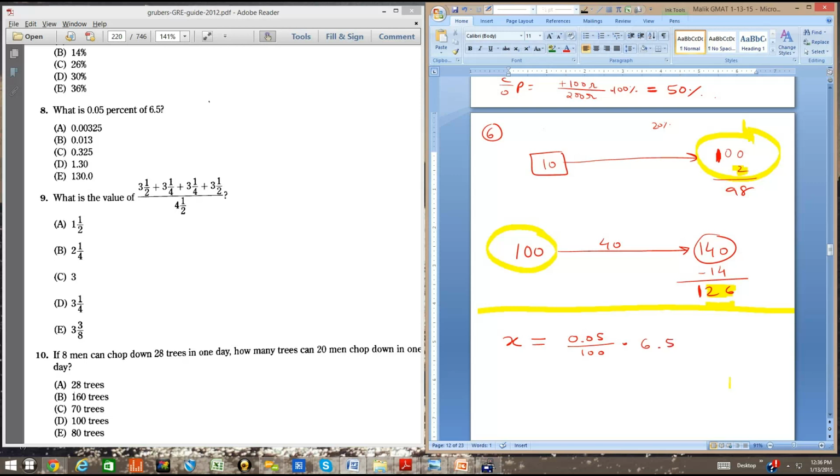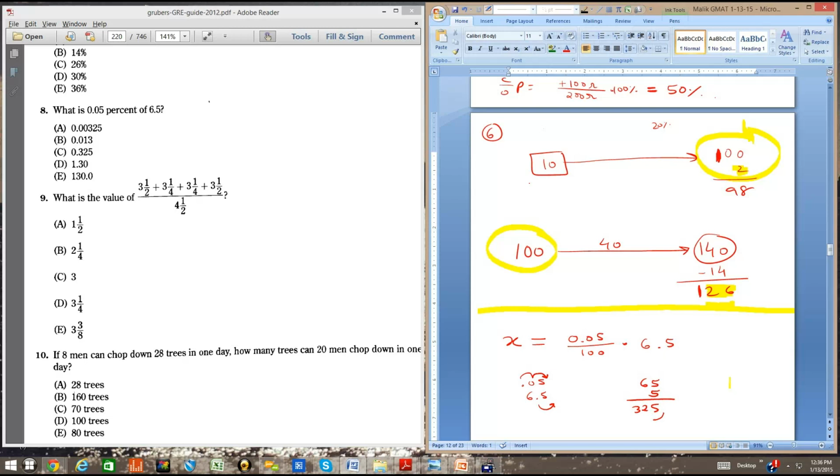So then you just multiply that 0.05 with 6.5. How do you do that? Well, you got to borrow some places. This goes 2 places back. This goes 1 place back. So you have 65 times 5. That's 325. So how many places did you borrow? 3 spaces. So you got to give it back.